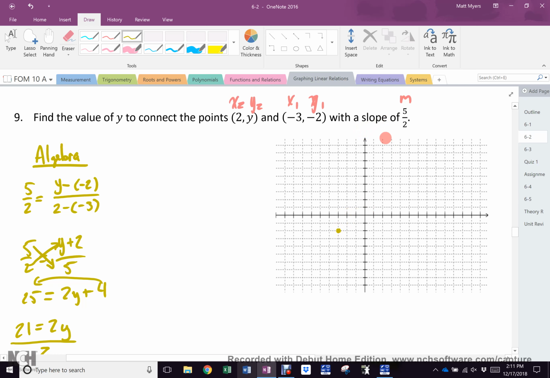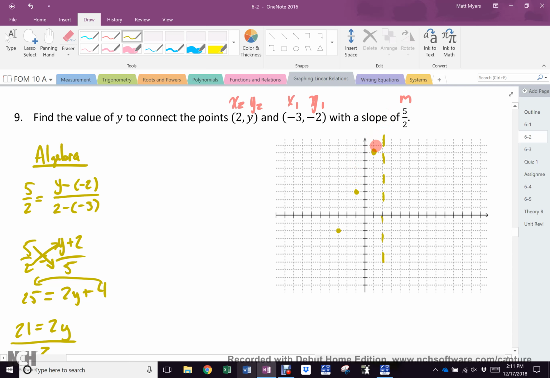And I would need to get out to where x equals 2, correct? And my slope is 5 over 2. So 1, 2, 3, 4, 5, 1, 2. 1, 2, 3, 4, 5, 1, 2. Oh, I can't even do it unless I change the scale. Is everybody good?